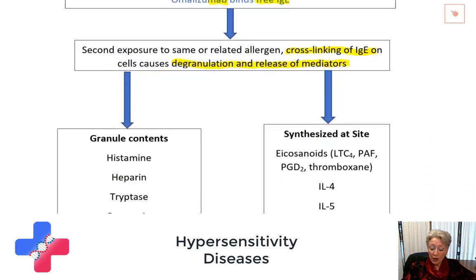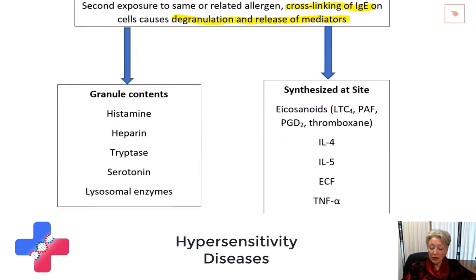Now, when we talk about what happens with degranulation and release of mediators, we have two waves of problems. We have the immediate granule contents, which are liberated as the cells explode, and then we have those things synthesized at the site where the granule release has happened, which are largely products of the arachidonic acid cascade.